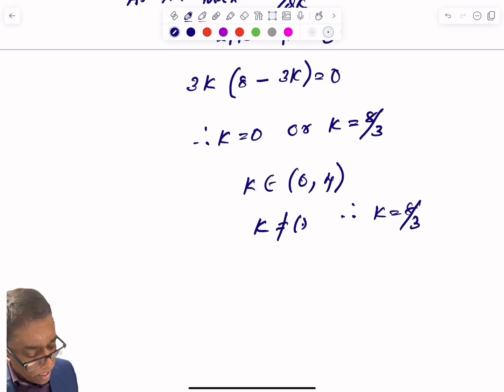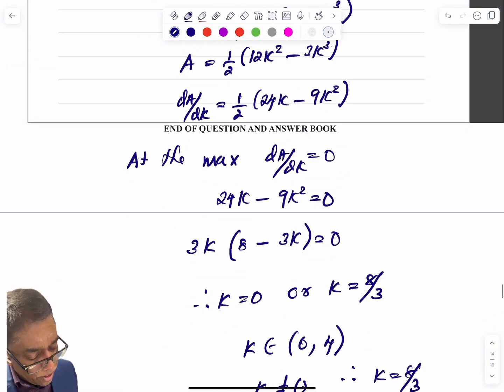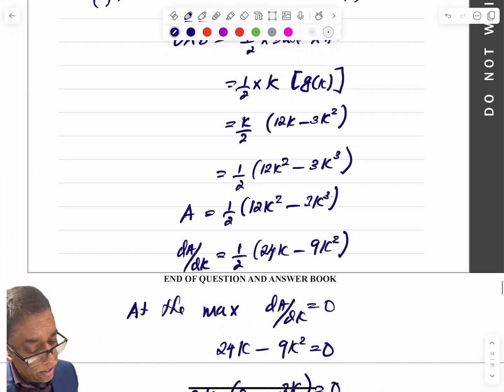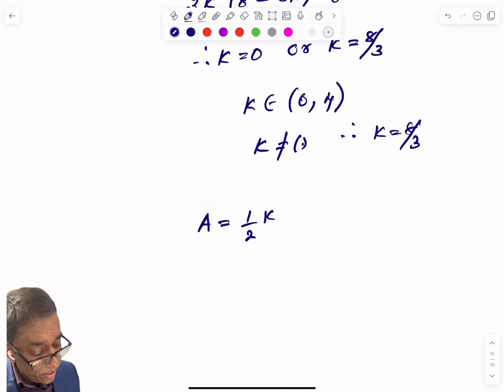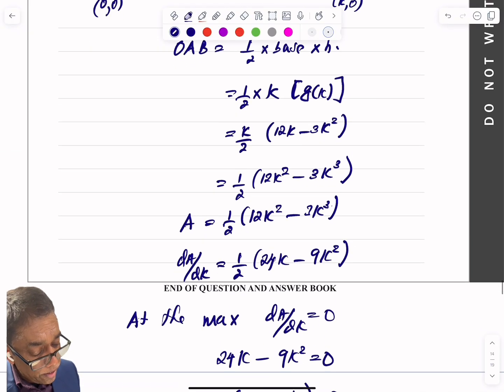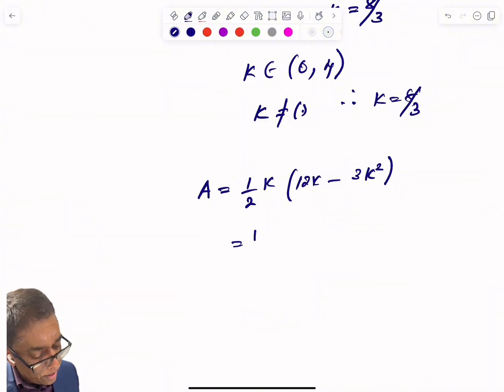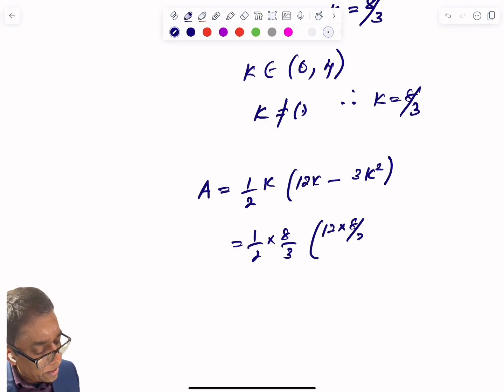Now the area A is equal to half times k times 12k minus 3k squared. Half times 8 over 3, times 12 times 8 over 3 minus 3 times 64 over 9.